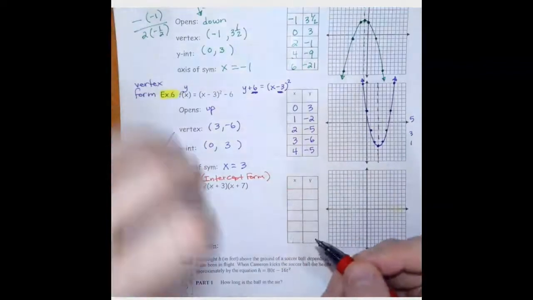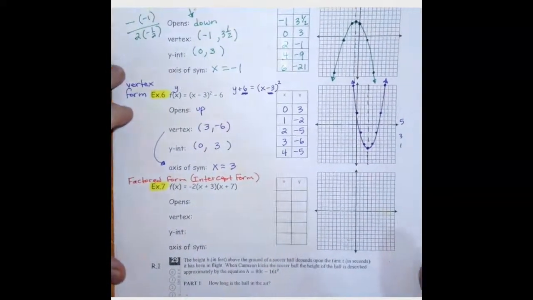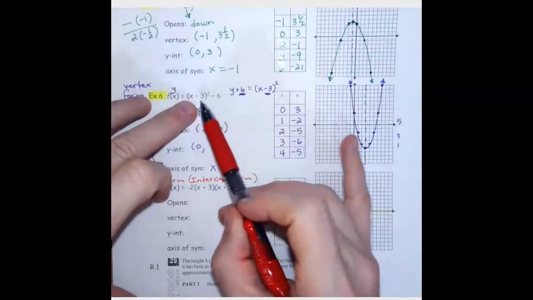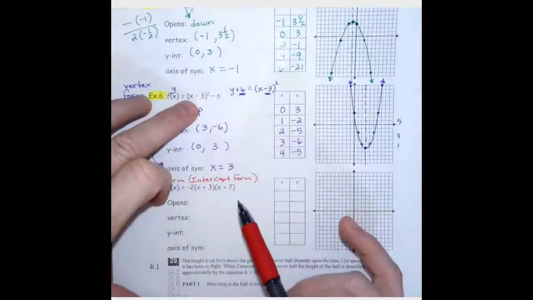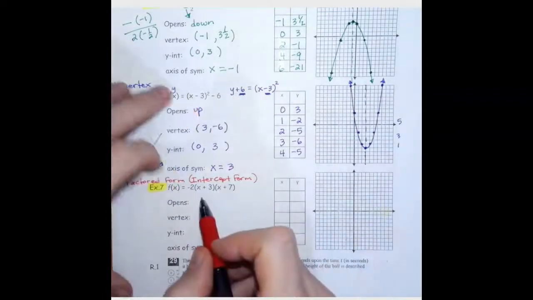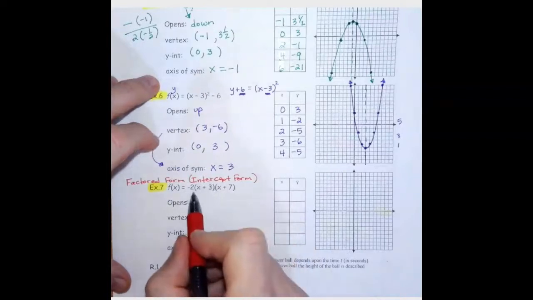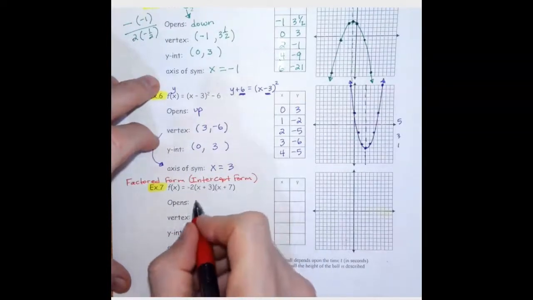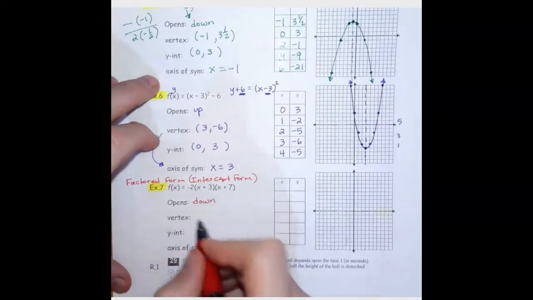Each one of these has its unique advantages or disadvantages. We could multiply this all out and then use that method for all of them. But this is a nice setup right here. First of all, this is negative. If we multiplied all this out, it would be negative 2x squared. So this opens down.